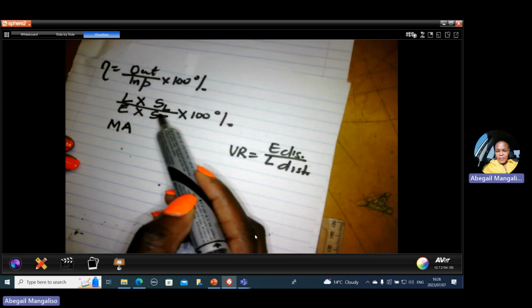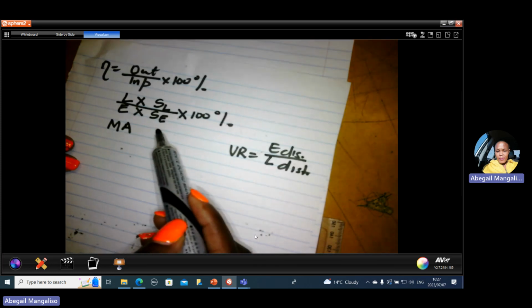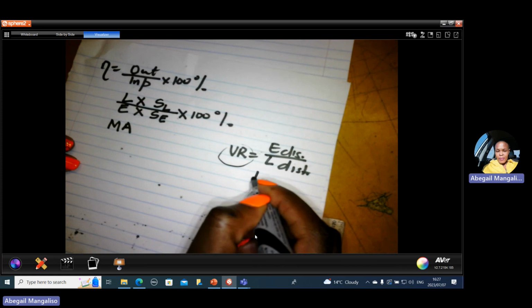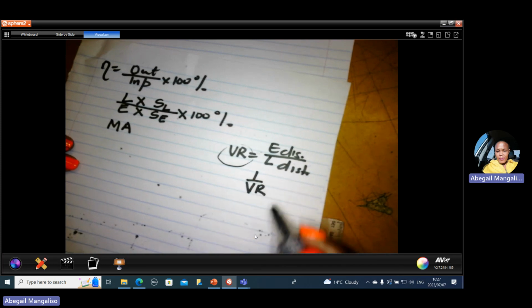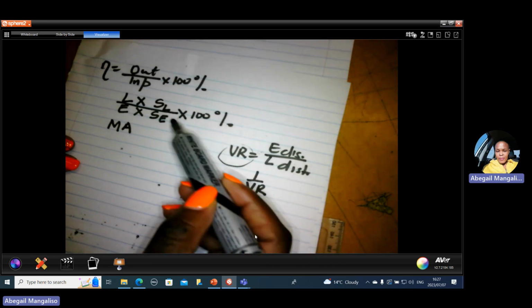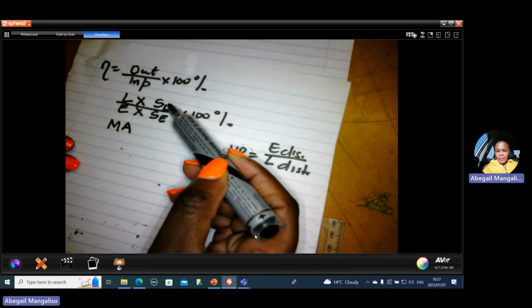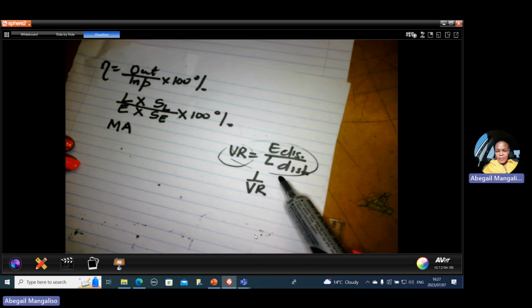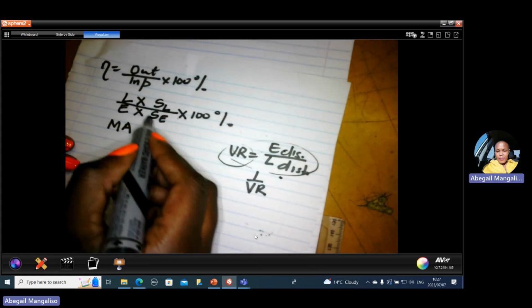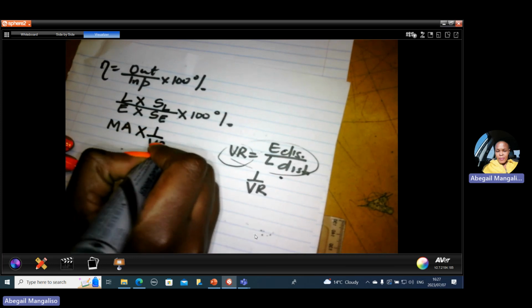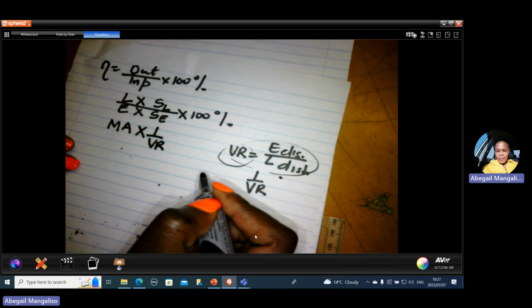But what we see here is load on the numerator and the effort on the denominator. So it's not VR, but what we see is 1 over VR, the inverse. If it was VR, the effort would be on the numerator and the load on the denominator, because the formula of VR is effort distance over load distance. Now, where there is this S_L over S_E, we're going to put 1 over VR because it's the inverse of velocity ratio.